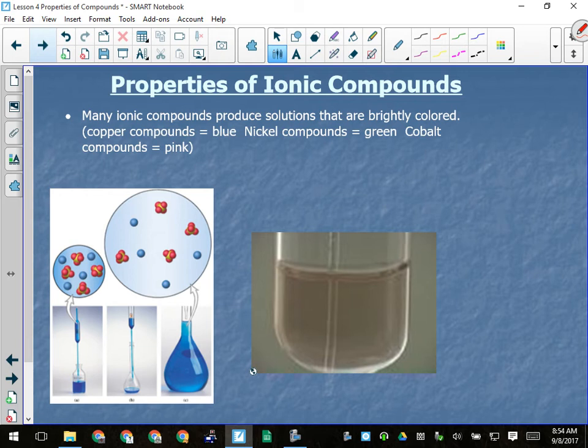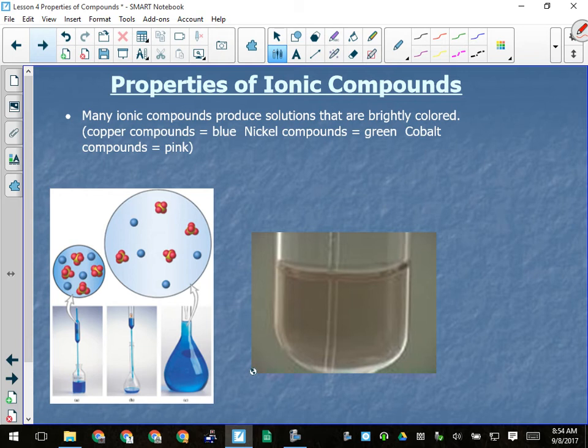Nickel-containing compounds are green. So if you had something made of nickel and it was oxidizing, it would make a green kind of salt that would be obviously green, or sometimes even pale green. But it's definitely got a green tinge to it. And then we also have our cobalt-containing compounds.